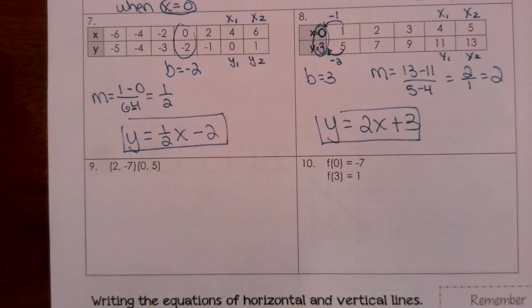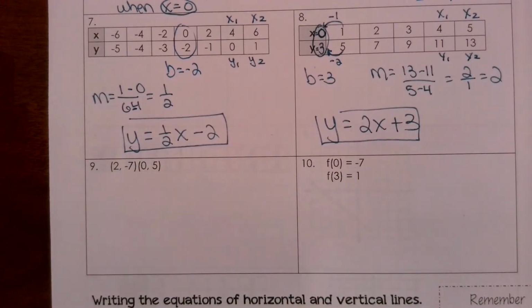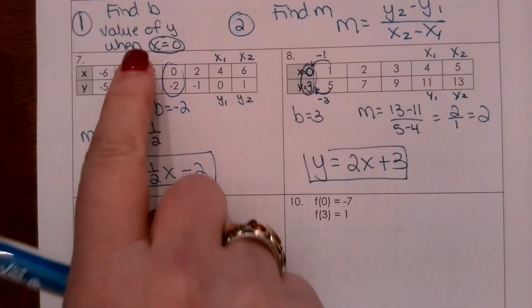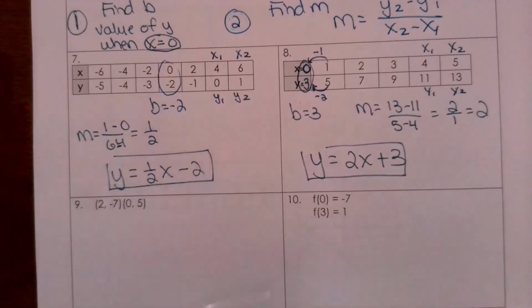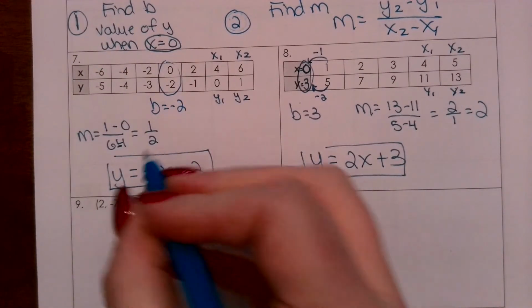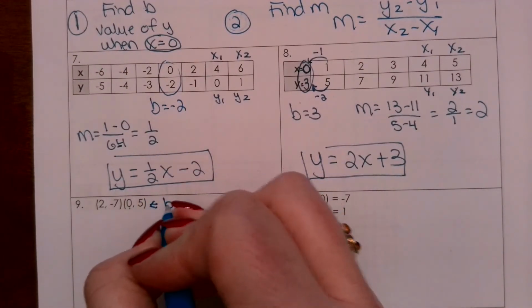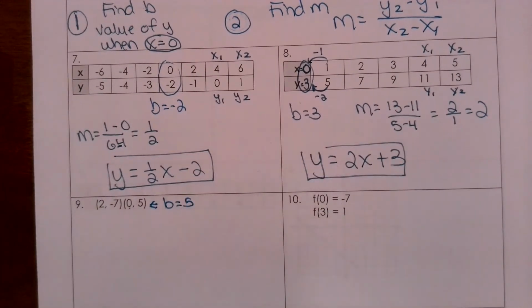Alrighty, next one. I'm given 2 ordered pairs. And remember, I'm looking for b, the value of y when x equals 0. There is b equals 5, because that's when x equals 0.